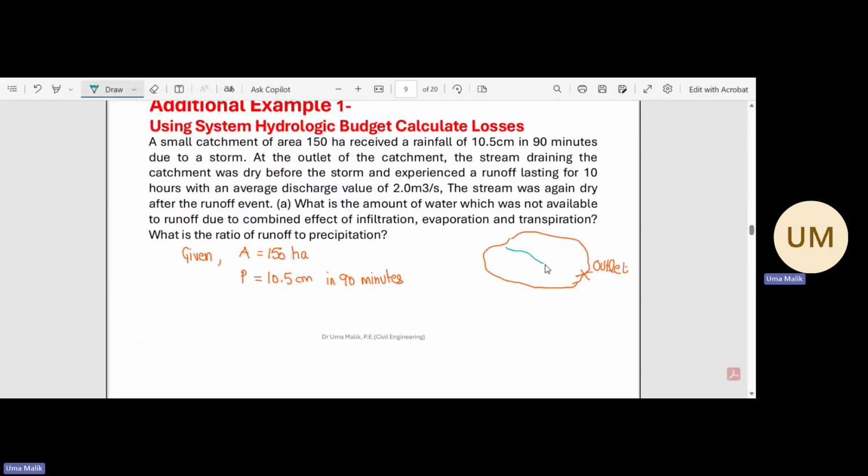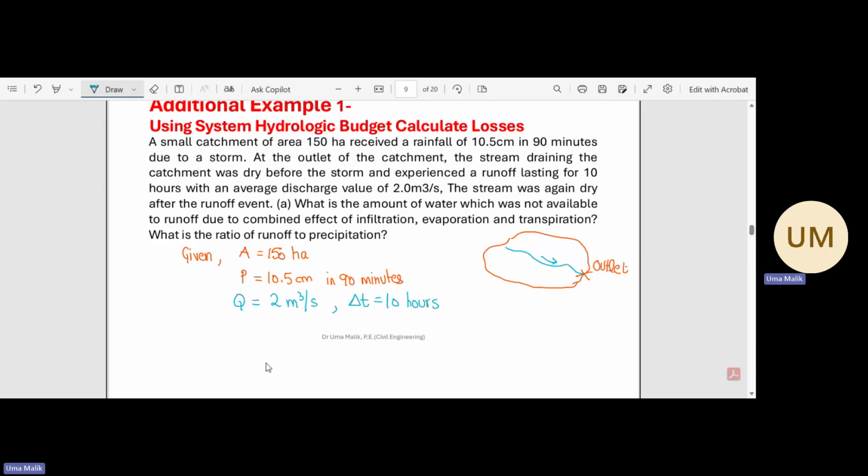All the water from the catchment is flowing to the outlet through this stream. This is the direction of flow. The stream was dry before the storm, there was no flow in it, and it experienced a runoff lasting for 10 hours. The runoff is with an average discharge value of 2 meter cube per second, and the runoff lasted for 10 hours. The stream was again dry after the runoff event. After 10 hours, there was no runoff at all.